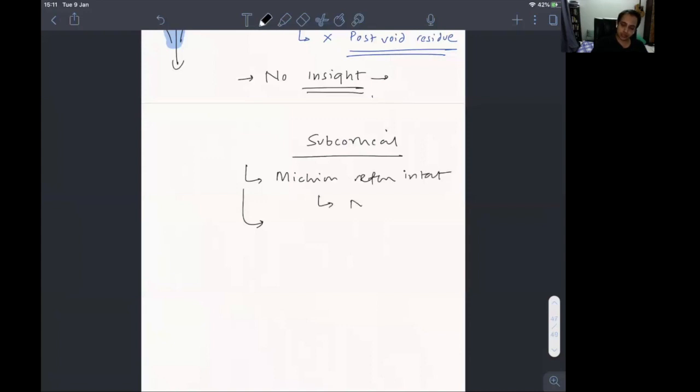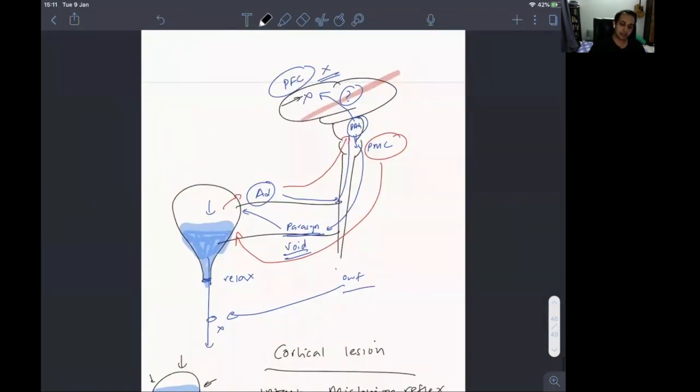So there is little or no post-void residue. That is one. And two, your insight may be preserved. So the person is aware that I shouldn't pass urine here, but he is not able to control it properly because the brainstem is calling the shots by itself because there is something wrong with the connection.